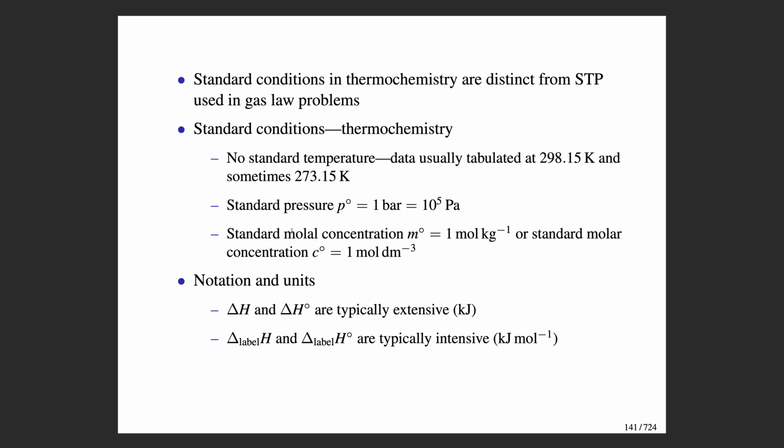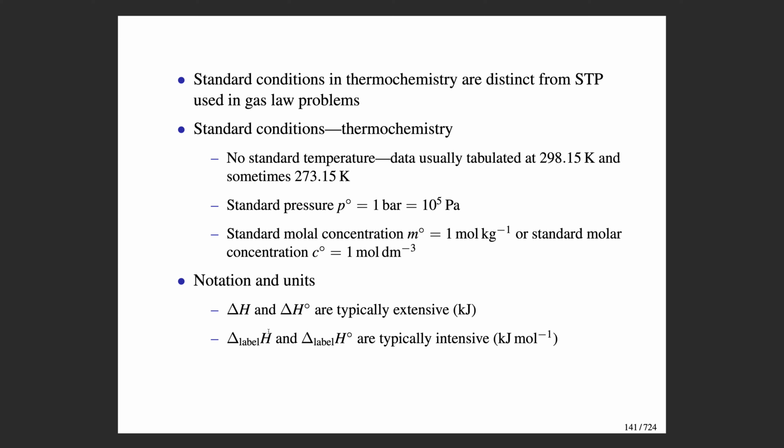If you're talking about concentrations, sometimes we'll use molality. Standard molality is 1 mole per kilogram for an ideal dilute solution. Standard molar concentration is 1 molar. We will talk about what an ideal dilute solution is in a future chapter when we get to solutions. For now, we're going to focus on just doing enthalpy calculations for different types of problems.